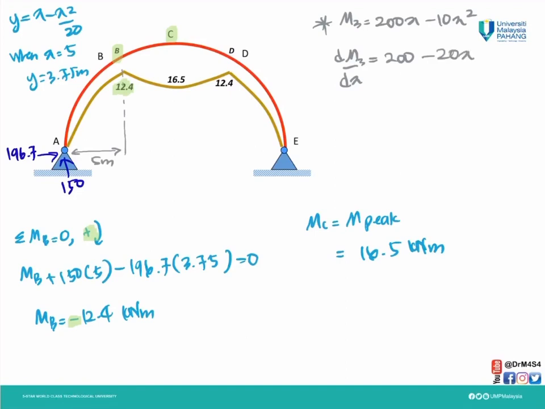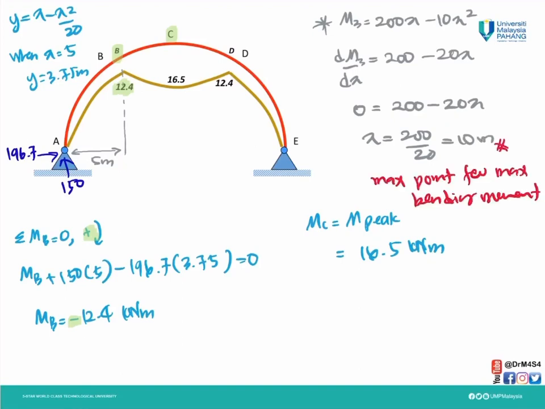When dM3 divided by dx equal to 0, we can get the value x equal to 10 meter. Alright, this point is where the maximum bending moment is going to occur, which is at the middle. So here is 10 meter.